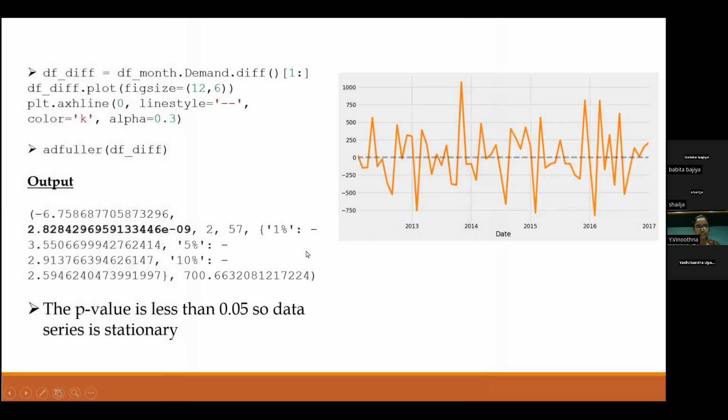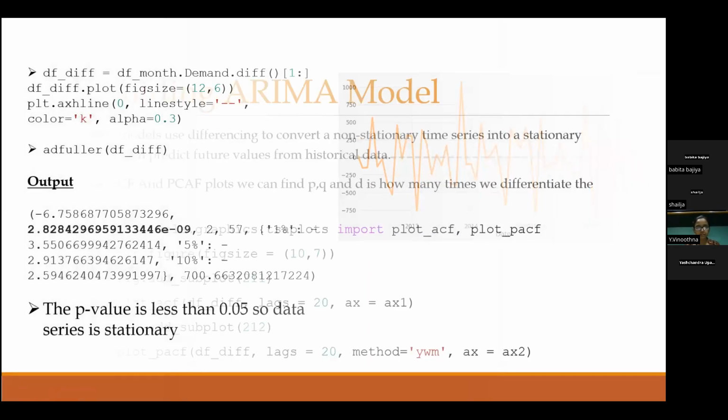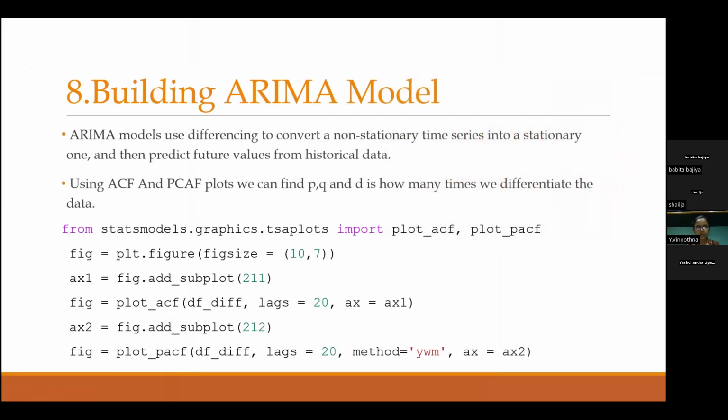For that purpose, there are two models, ARIMA and SARIMA, which are used for predicting the future values from the historical data. First, we will be building the ARIMA model. ARIMA models use differencing to convert a non-stationary time series into a stationary one.